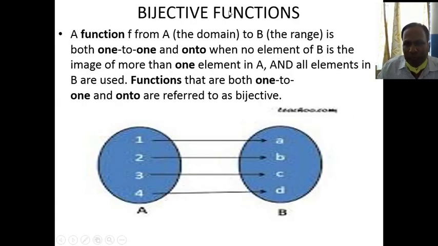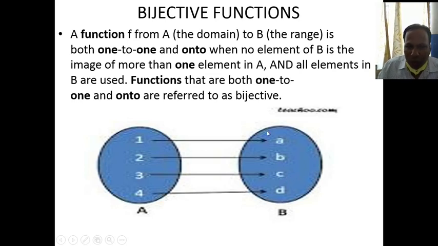Next is your bijective function, or you can call it a 1-1 and onto function. Now a function f from A to B is said to be a bijective function if it is both 1-1 and onto. That means distinct elements of the domain have distinct images in the codomain, and in order to be onto, no element in the codomain will be left out.